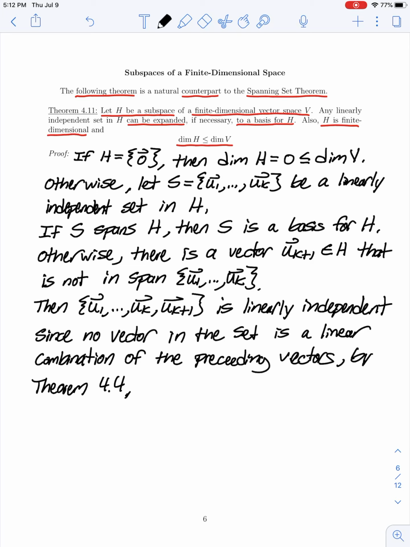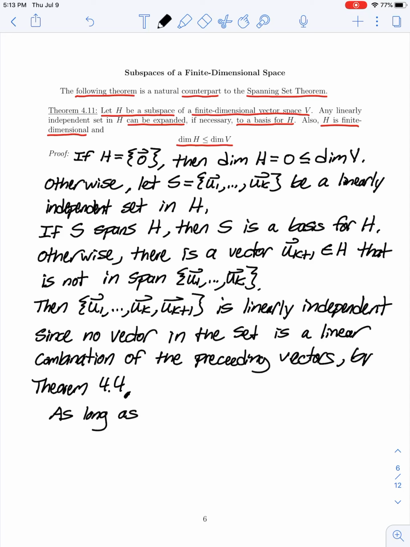All right. So we can add this additional vector to our set S, and as long as this new set does not span H, we can keep adding additional vectors.